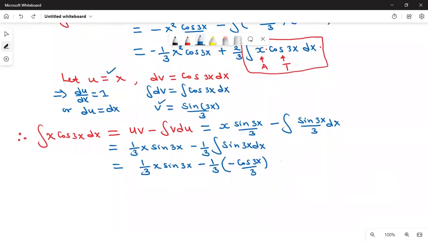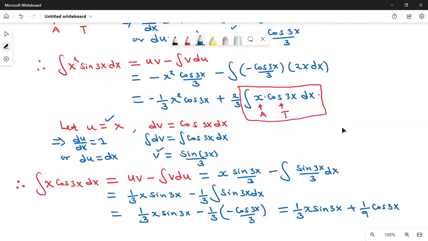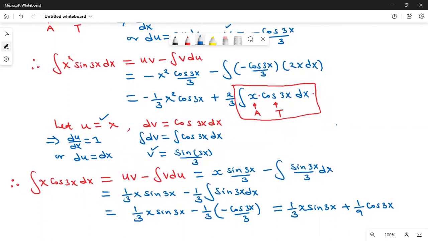So this you could write as 1 over 3 x sine 3x plus 1 over 9 cosine of 3x. So this answer, we now substitute it into the original integral.